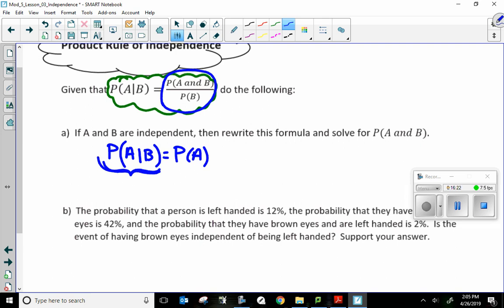I've got the probability of A and B all over the probability of B. That was the other way we found conditional, or given. And that's still going to equal the probability of A.